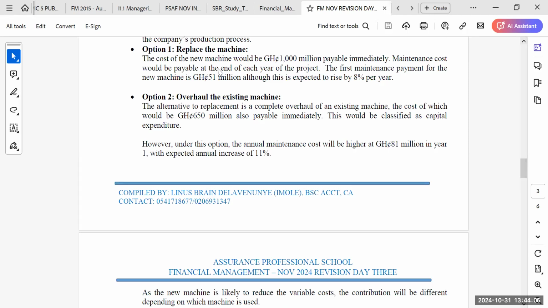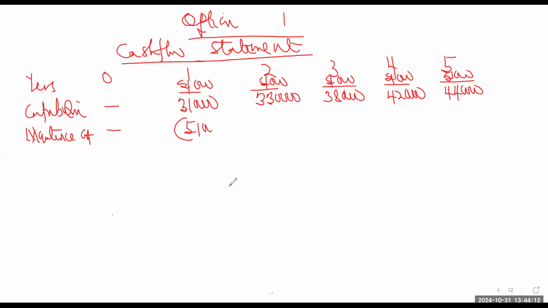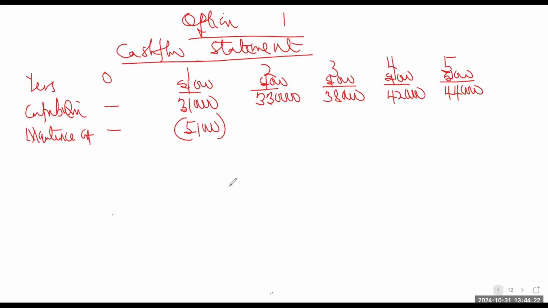So they say the first payment is 51,000. That is the first amount that we are paying. However, this will be increased by 8%. So let's go and do the increase somewhere and bring the figure here.